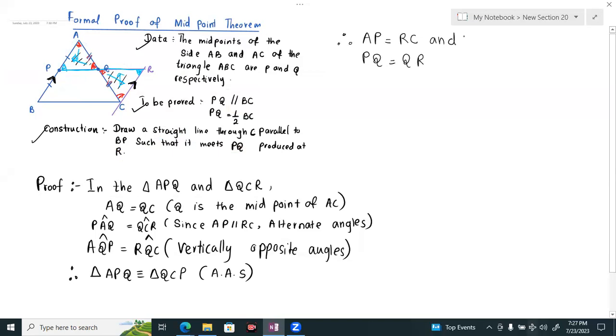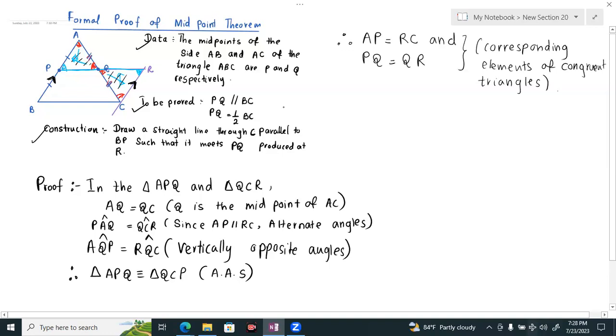The reason, as I mentioned, is corresponding elements of congruent triangles.